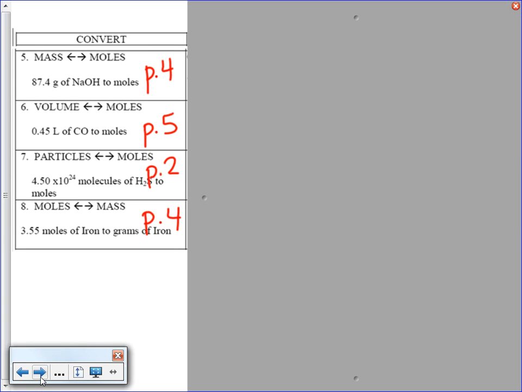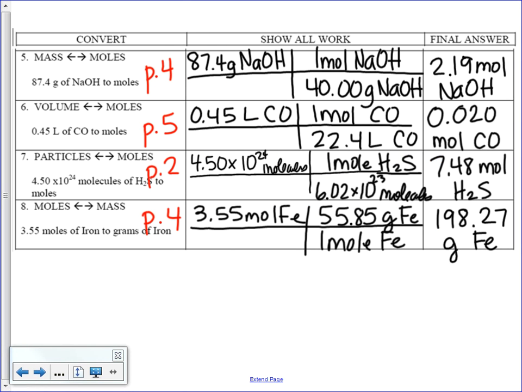All right, here are the answers to questions 5 through 8. Again, try to be careful about labeling.